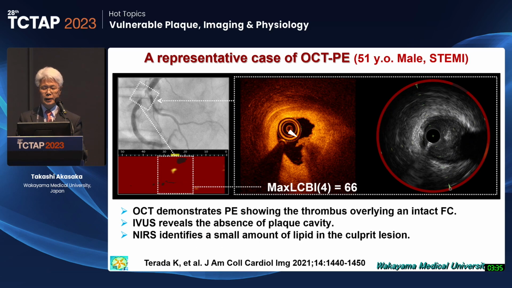And this is a case of plaque erosion. OCT demonstrated plaque erosion showing thrombus overlying an intact fibrous cap, IVUS revealed the absence of plaque cavity, and NIRS identified a small amount of lipid content in the culprit lesion. Max LCBI is less than 100.